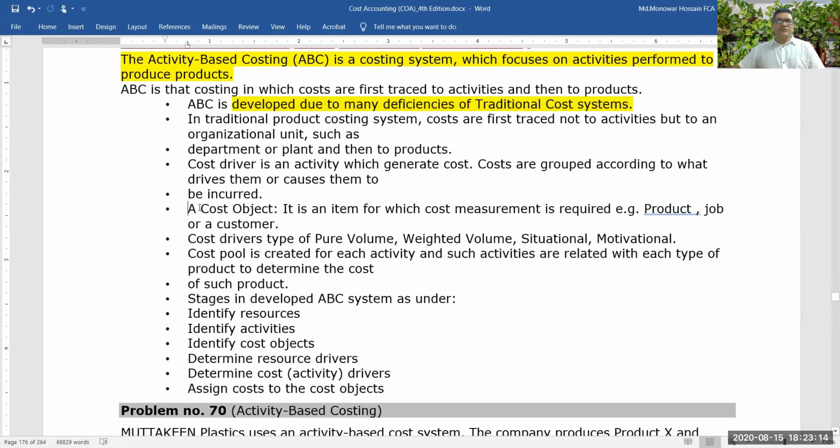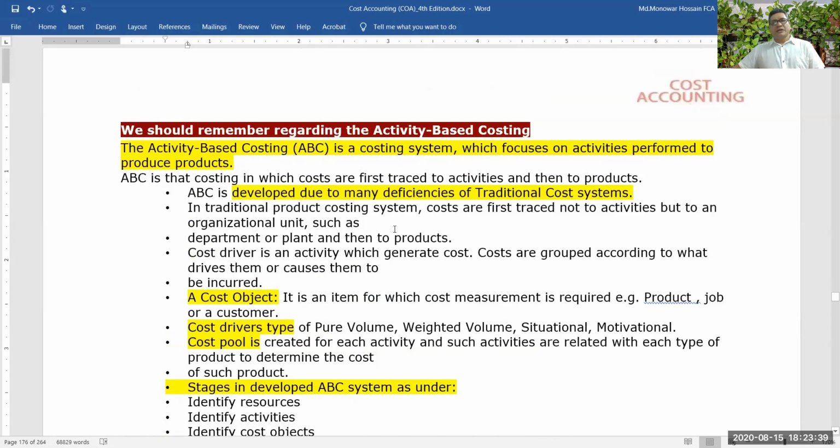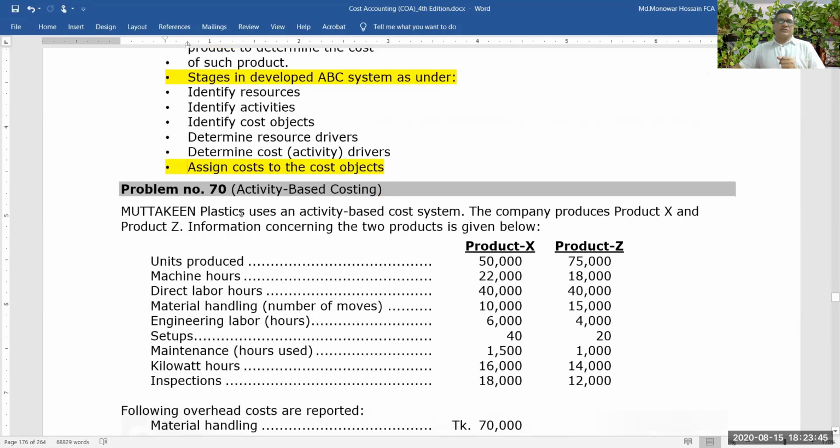Here we use a cost object, find the cost driver, and take all expenses based on the activities in the cost pool. We have to identify the resource activity, resource drivers, determine the cost activity driver, and assign to the cost object. We have to remember these things when we do activity based costing.